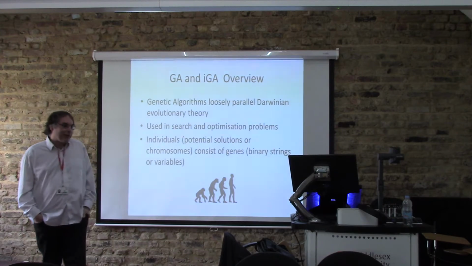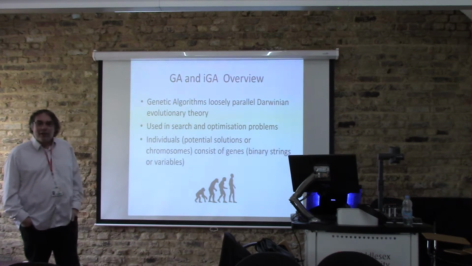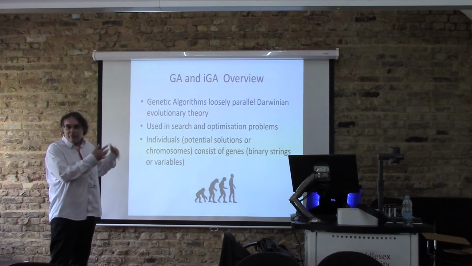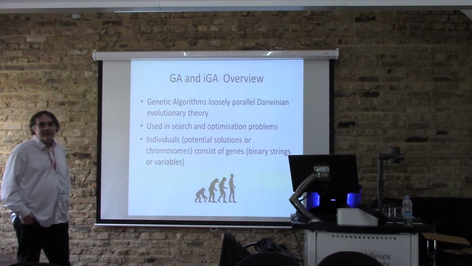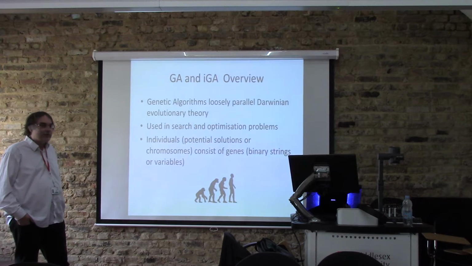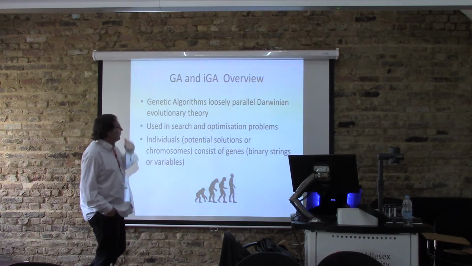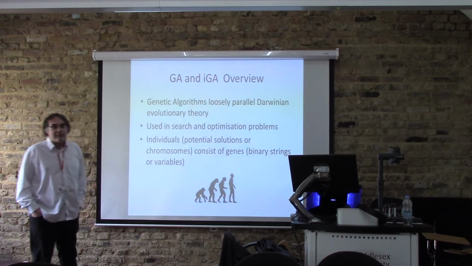Other people are far more pragmatic and say, we like this idea as a whole, we just want to implement it, and if we have to mess with things on the labels, so what? It doesn't matter because we're trying to get a good solution. GAs are used in search and optimization problems, a massive range of things.